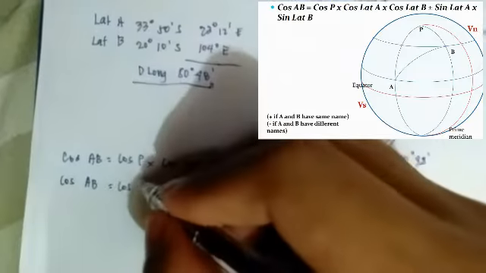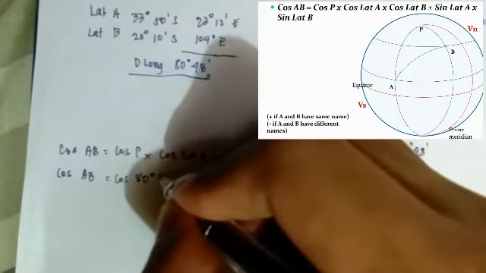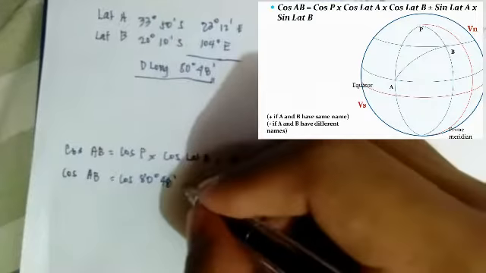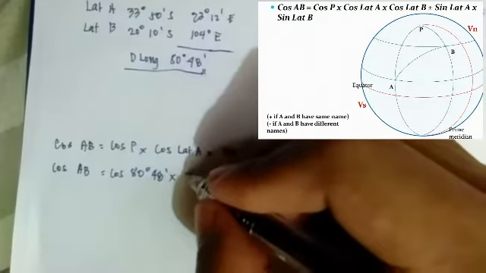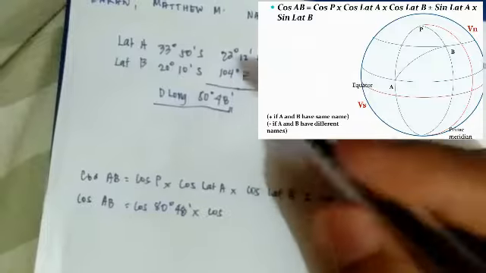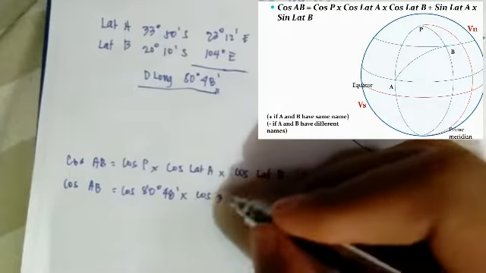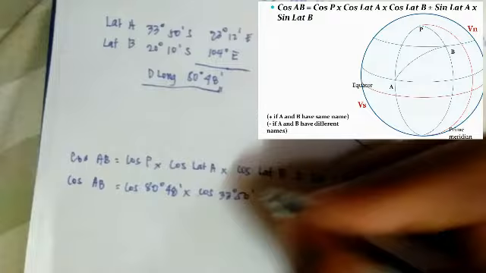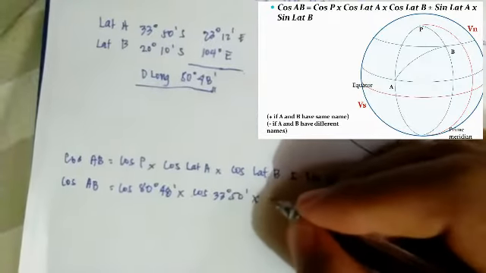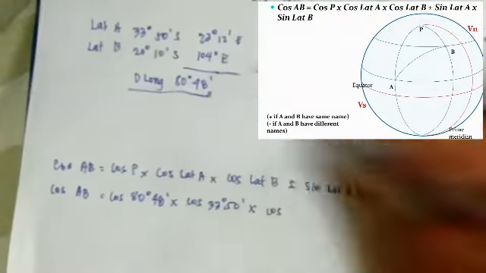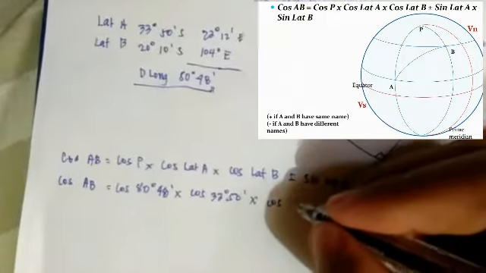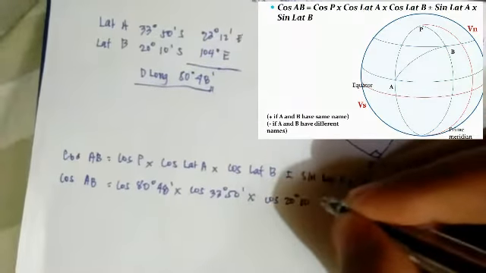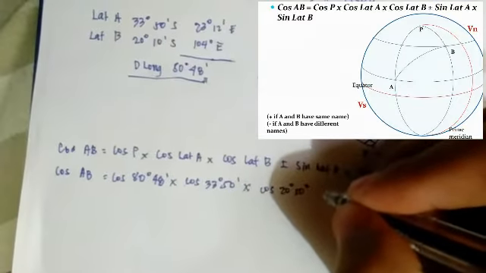So we have cos AB is equal to cos our d long, which is 80 degrees and 48 minutes, multiplied by cos lat A, which is 33 degrees and 50 minutes, times cos latitude B, which is 20 degrees and 10 minutes.